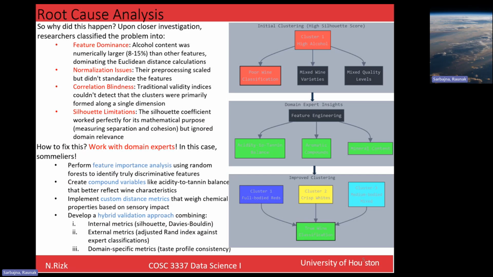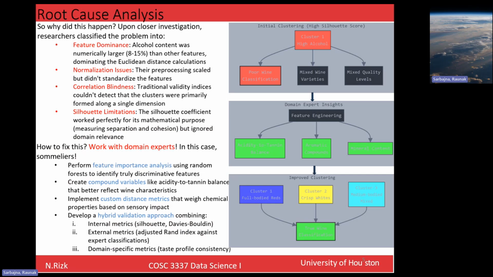Another problem that comes up is called correlation blindness, where the validity indices that they used, I think they used Rand index, and they also used mutual information, not normalized. We will talk about normalized mutual information later, but they were using mutual information, which is unnormalized NMI.